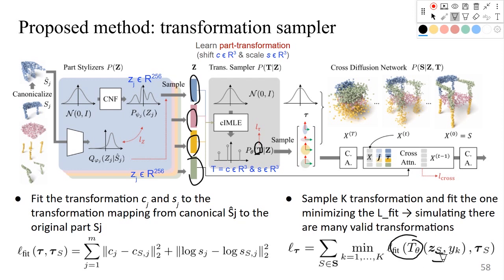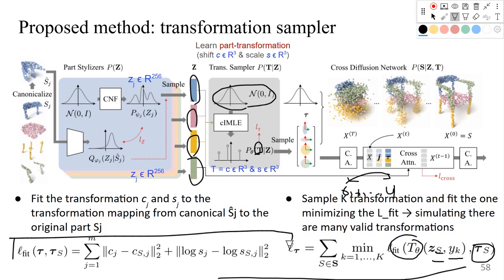And also YK here. YK is what we sample from these distributions, and we sample a number K. Let's say we sample 5: 0, 1, 2, 4 here for 5 samples. And this is the corresponding ground truth. We compute the distance using this formula, and we see which YK minimizes this L fit.